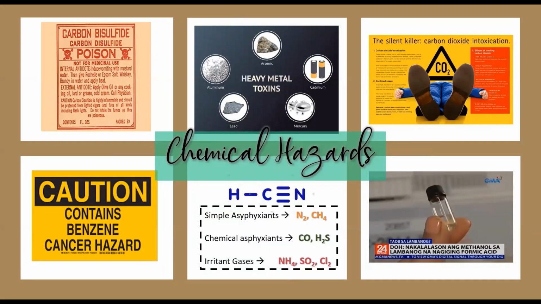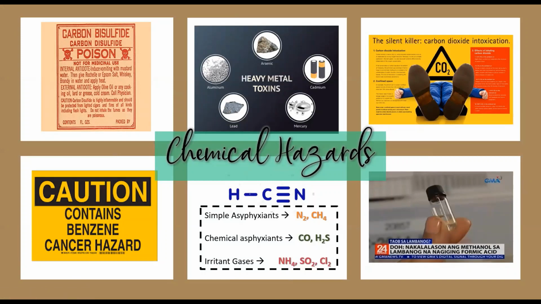Okay? And then we also have aromatic hydrocarbons. If you remember in your organic chemistry, examples of aromatic hydrocarbons are benzene, toluene, phenols. Before, class, benzene was used in the histopathology section of the laboratory.